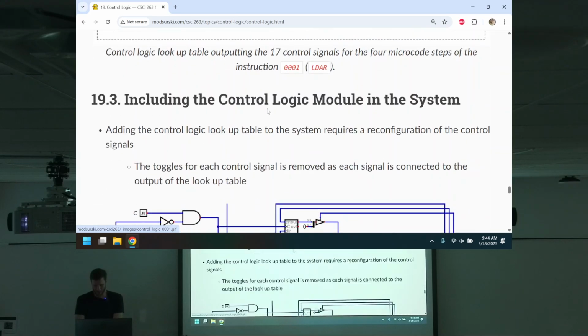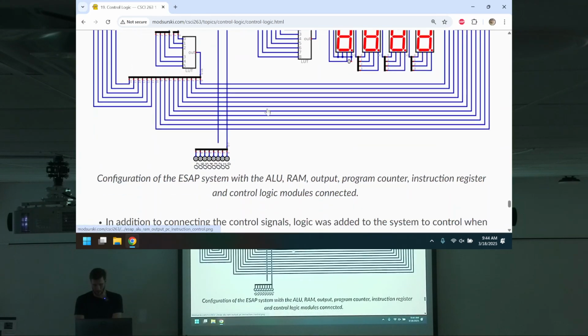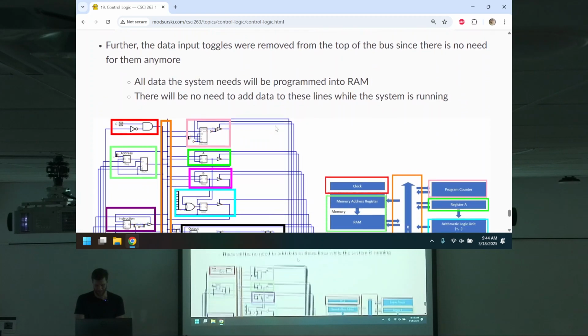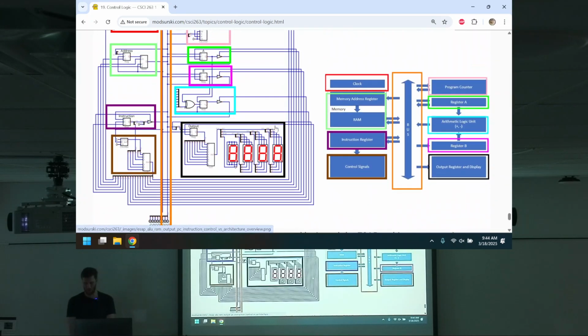All right, so, including the control logic, there we go. I discussed the halt signal. But if we now look at the whole system, we've got everything. We've got the clock, we've got the RAM and address, instruction register, control logic, control signals, the output, the 2 registers in the ALU, and the program counter.